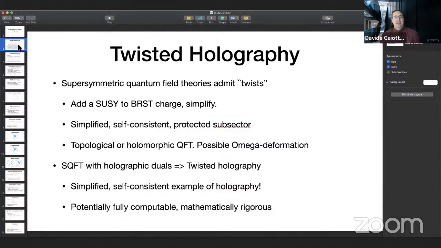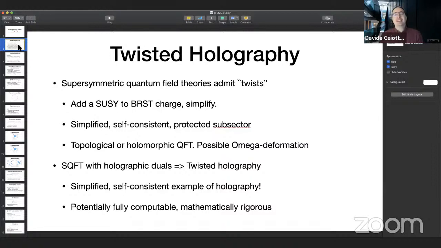So you try to define a simplified quantum field theory which captures only the protected subsector, and to match it with an actual simplified version of the theory of supergravity. And so this offers novel perspectives on old calculations, but also allows you to do new calculations.